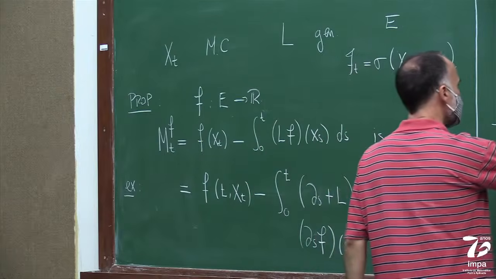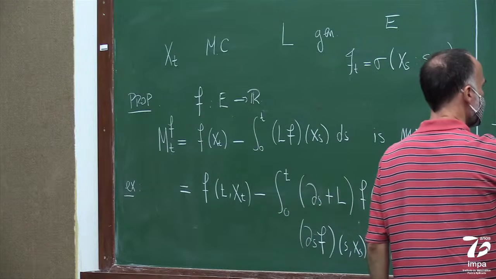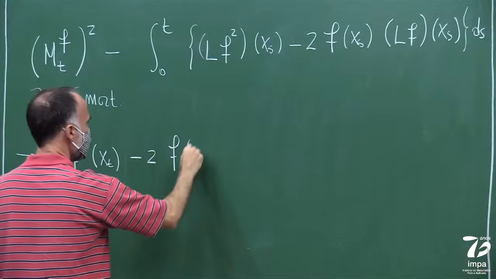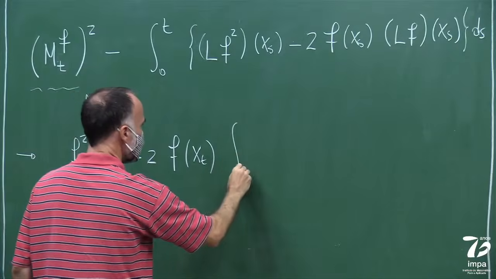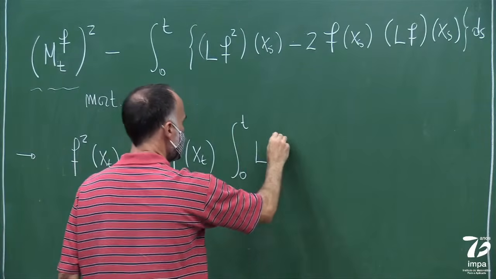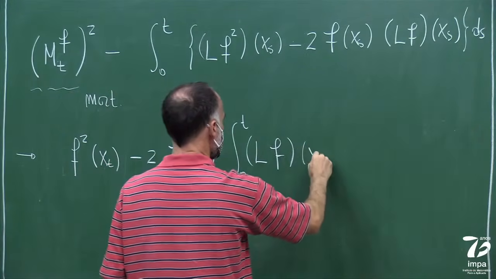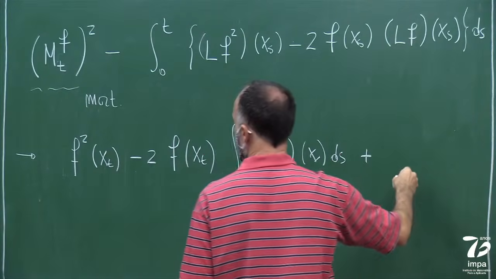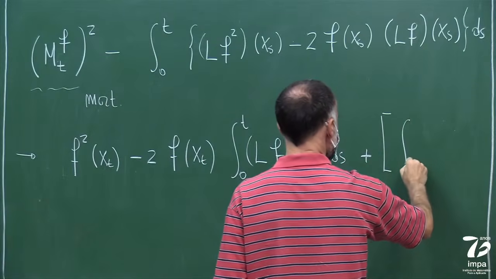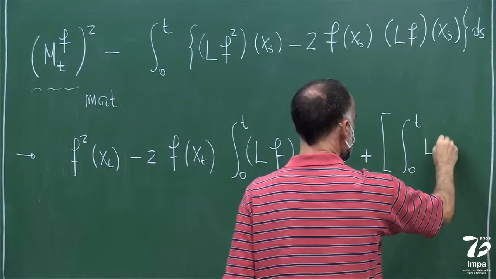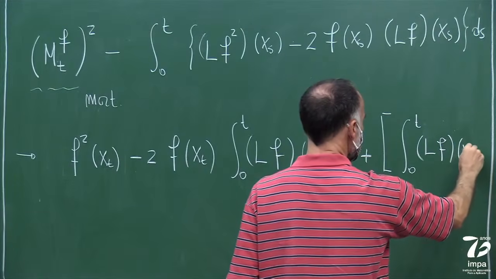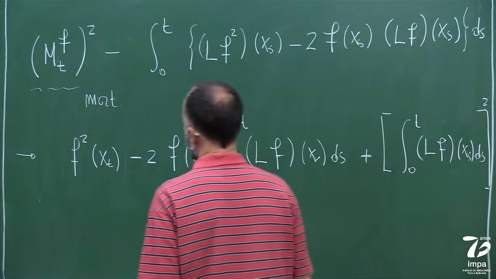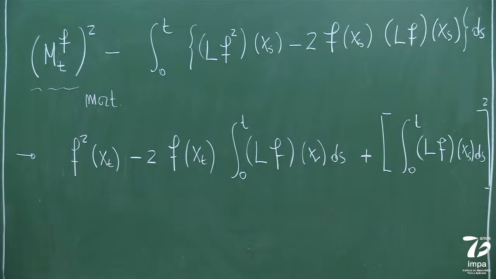So if I take the square of this difference, what I get is f squared X_t minus 2 times f(X_t) times the integral from 0 to t of Lf(X_s) ds, then plus the square of the integral. So this is the first term.